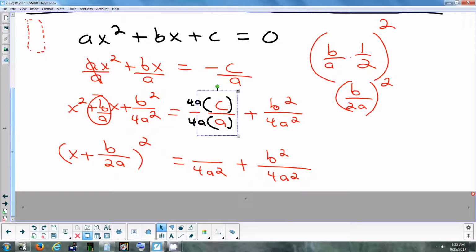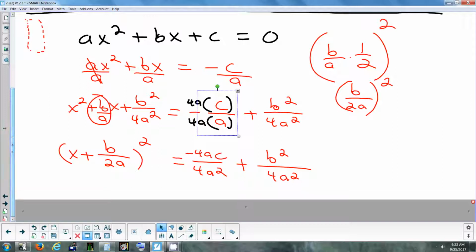So on the top, what do I get if I multiply a negative and then a 4a times c? Trevor? 4ac over 4a squared. So 4ac, anything else that's with that we don't want to forget about? The negative. Okay.